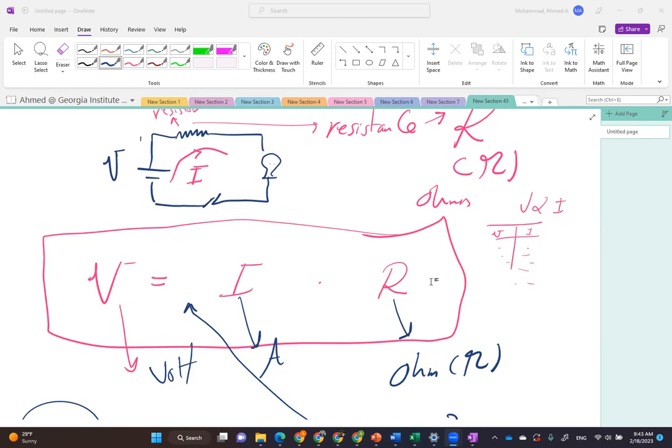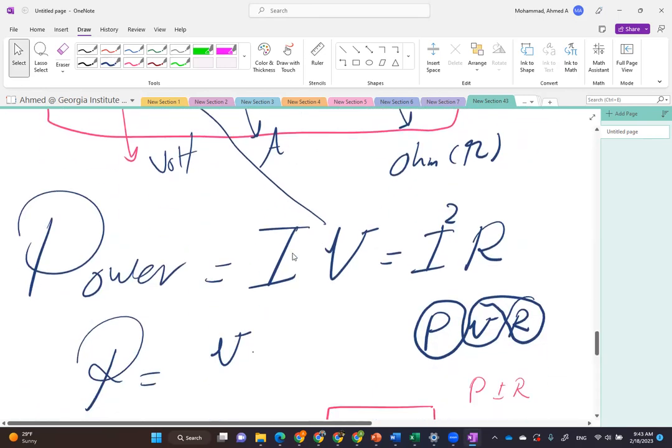As the resistance increases, the current decreases. As the potential difference increases, the current increases. If you have two different quantities on the same side of the equation, when one increases, the second one decreases. But if you have two quantities on opposite sides of the equation, one increases with the increase of the second one.